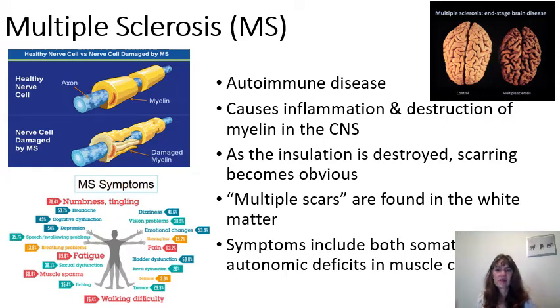central nervous system. The picture on the upper right-hand side gives you a really good idea of a normal brain that is not affected and a brain in the end stage of multiple sclerosis on the right. As the myelin is destroyed, there's more and more obvious scarring that occurs.